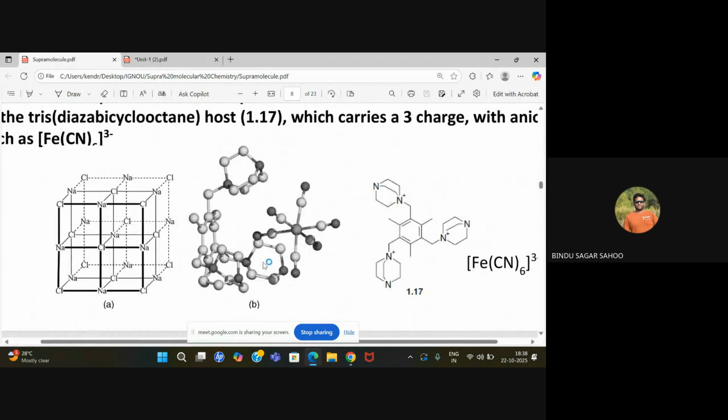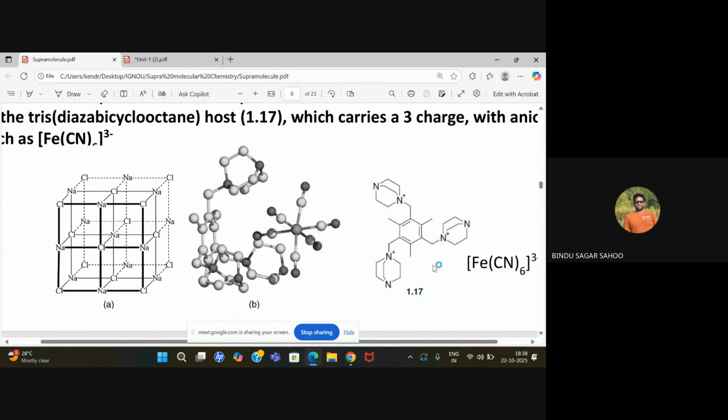Yes or no? So in picture B you can see this part, this macrocyclic ligand, will be stabilized by the complex FeCN6 3 minus. That means this complex has three positive centers, generating a 3 plus positive charge, and it will be stabilized by the FeCN6 3 minus charge.